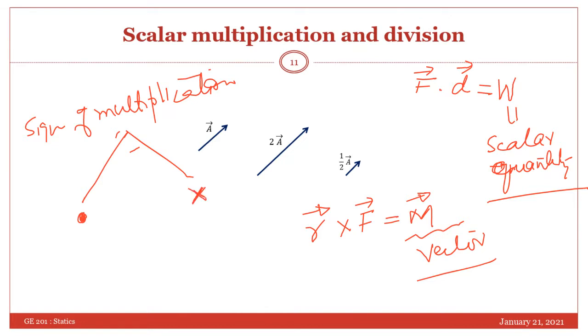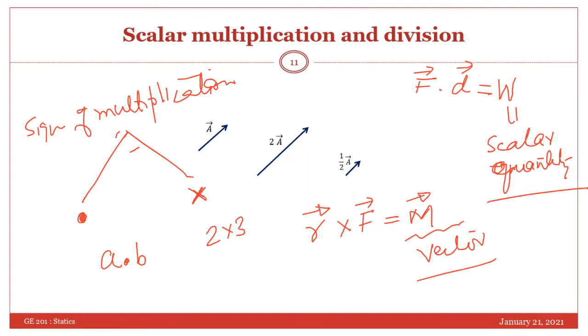Like if you want to show A into B, or 2 into 3, multiplication can be shown either by dot or by cross.